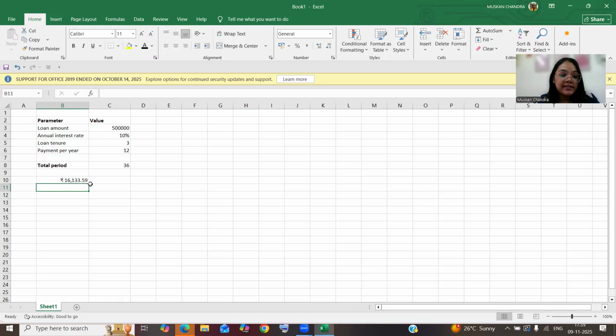This means we'll pay 16,133.59 every month for 36 months. So here we can write EMI. We'll highlight this cell.